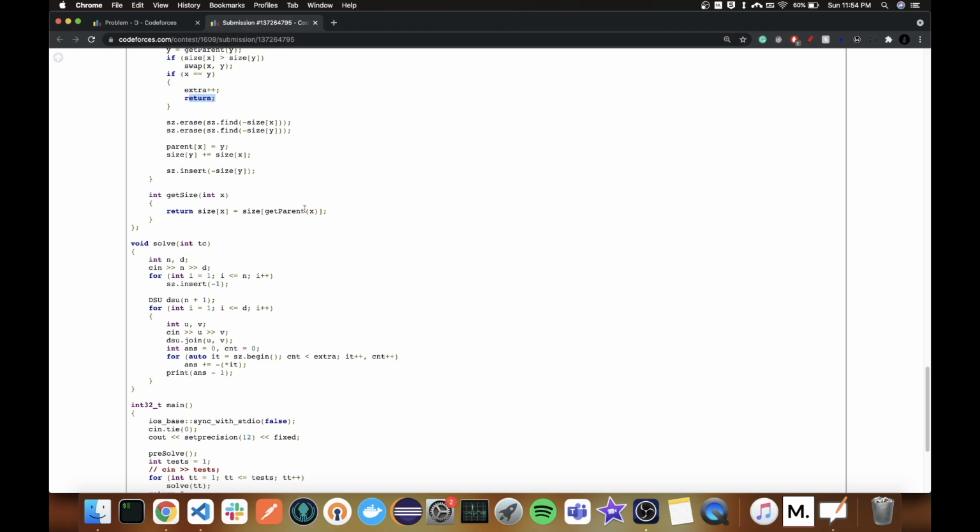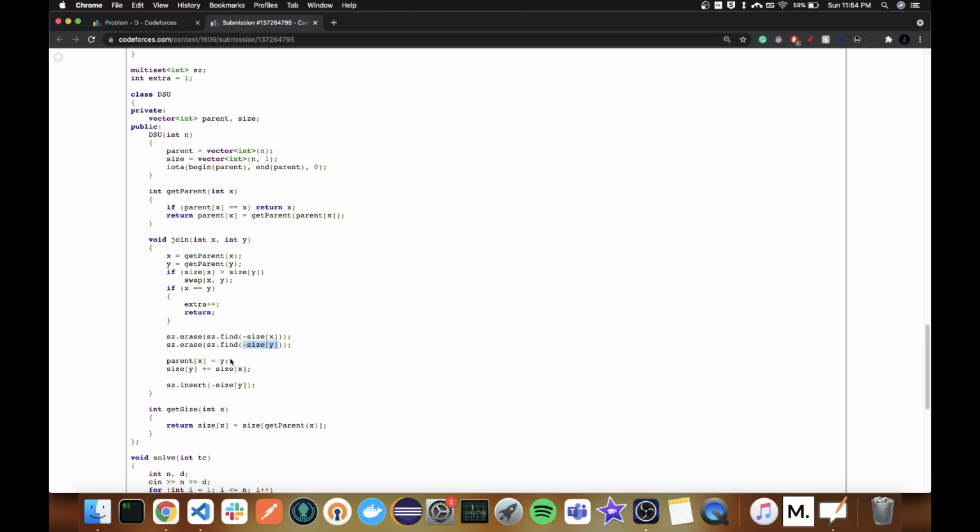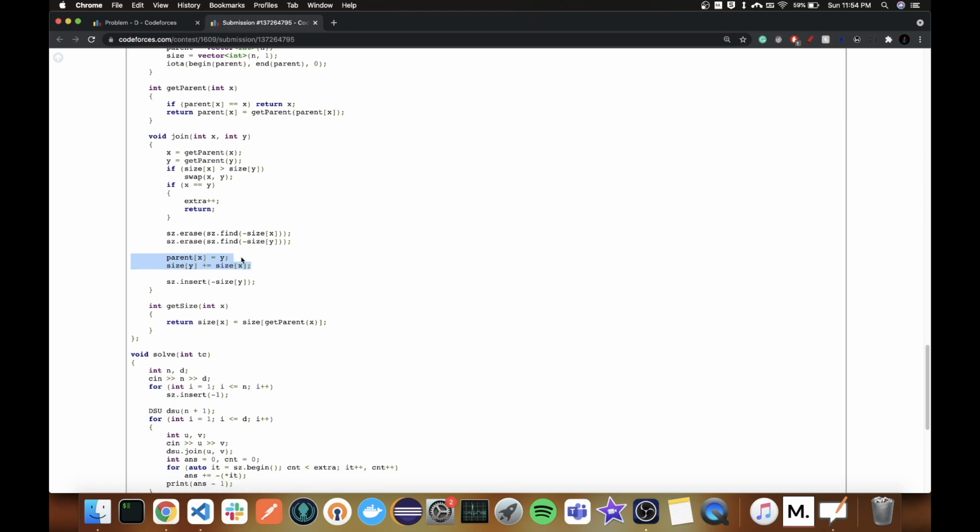However, if I needed to connect, then first of all, I remove the previous sizes of the components from the set, and then I do the merging. This is union by size for the joint set, and then I insert the new size.